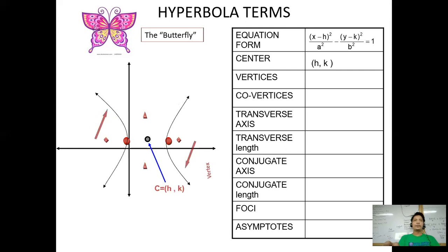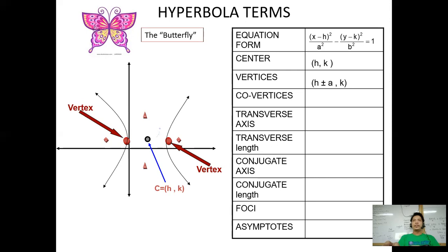So next, vertex. Yung vertex po siya yung pinagmumulan ng slope ng ating hyperbola. So mirror po yung hyperbola natin. Kung ano po yung itsura na makikita natin dito sa left side ng ating Cartesian plane, ganun din dapat yung itsura sa right side. So next.